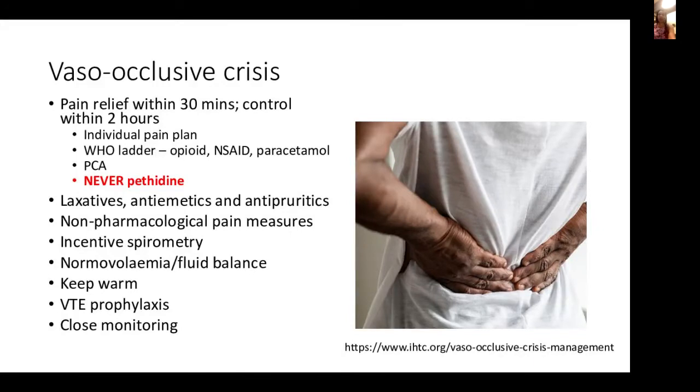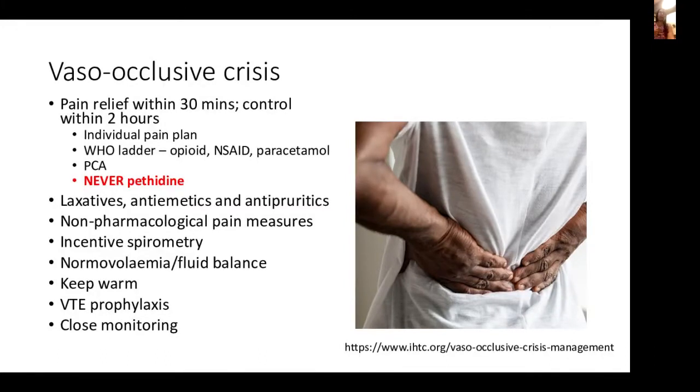There is not that concentrating mechanism, so they may be polyuric, and in that case they do need to have more fluid. However, on the other end of the spectrum, if they've had severe renal dysfunction and renal failure, they may not be polyuric and actually may be oliguric, and you don't want to flood these. So it's important to monitor the fluid balance and aim for normovolemia.